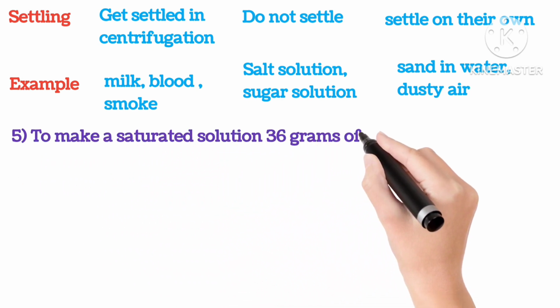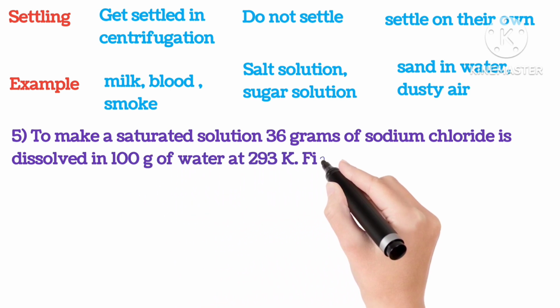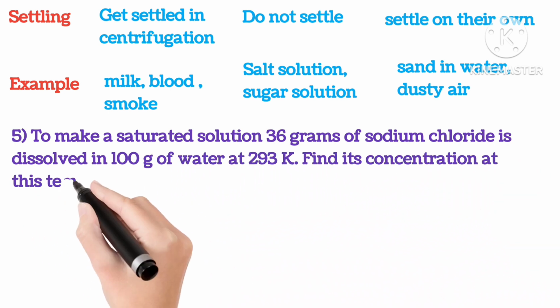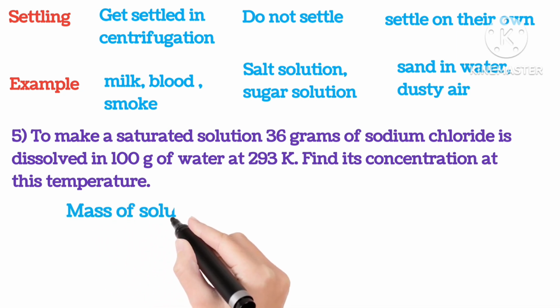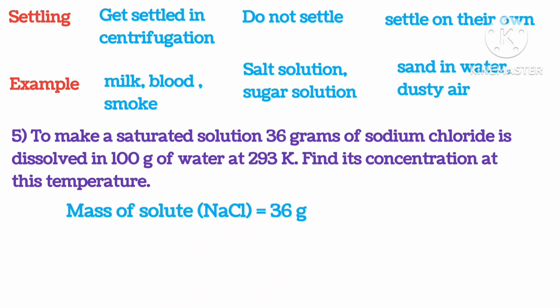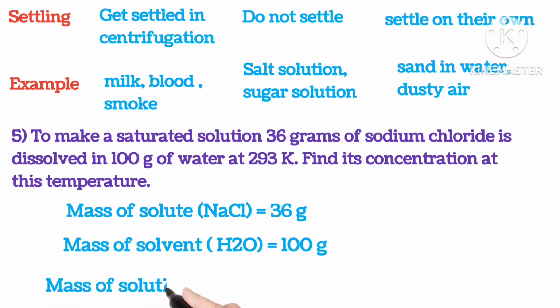To make a saturated solution, 36 grams of sodium chloride is dissolved in 100 grams of water at 293 Kelvin. Find its concentration at this temperature. So the mass of solute NaCl is 36 grams here. Mass of solvent water is 100 grams. So mass of solution will be sodium chloride plus water, that is 136 grams.